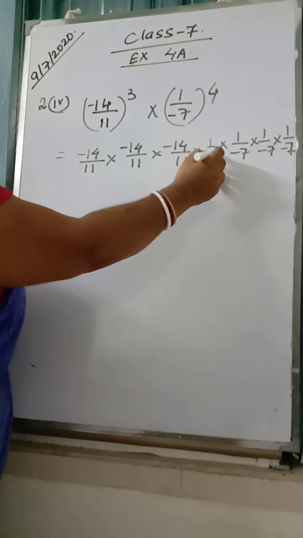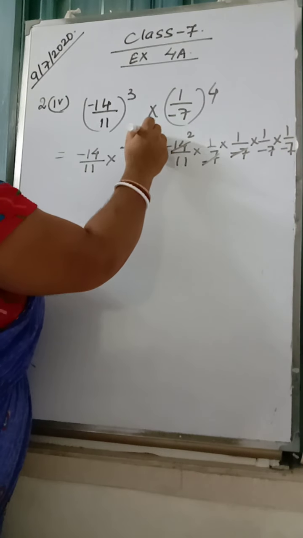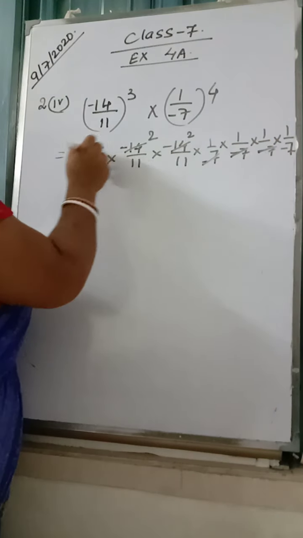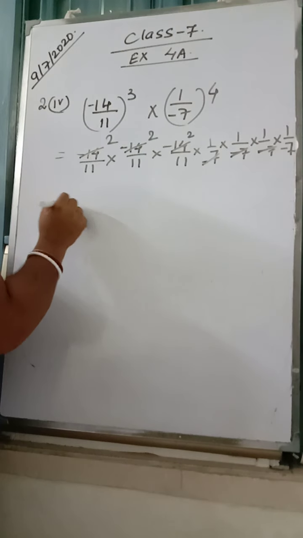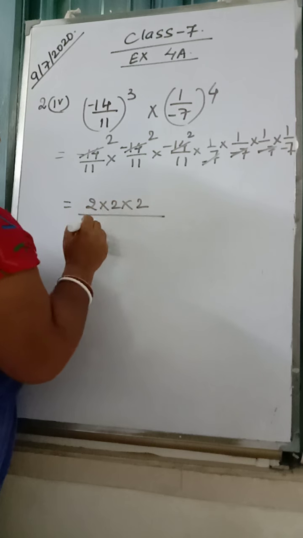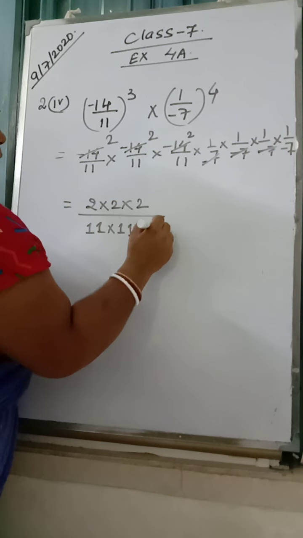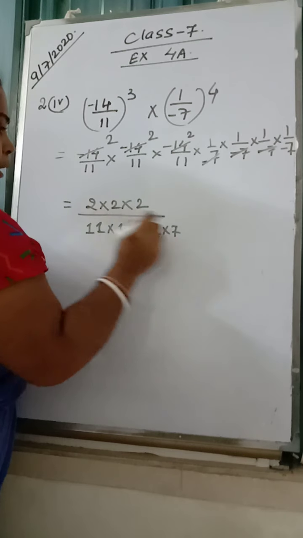Now 7 twos are 14, again −7 and −14, so twos are again −7 and −14. Up I am left with 2 into 2 into 2, and down I am left with 11 into 11 into 11 into 7 into −7.